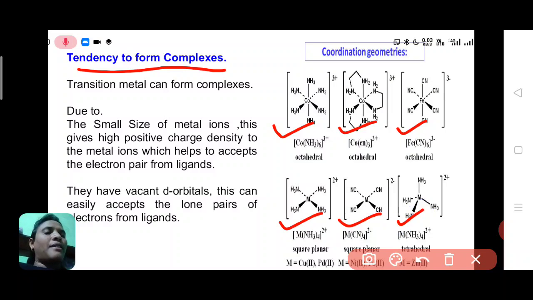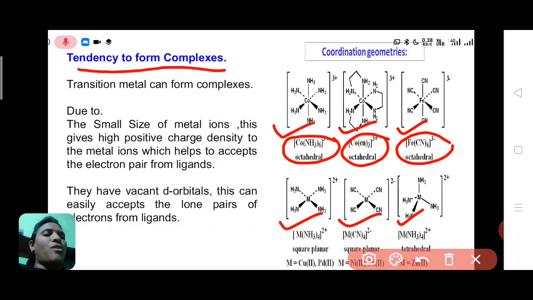This is an octahedral complex of cobalt, hexaammine. This is an octahedral complex of cobalt metal, an octahedral complex of iron, and this is an octahedral complex for this metal.